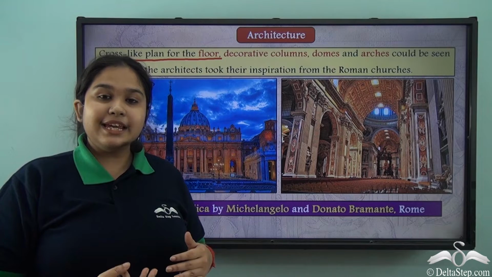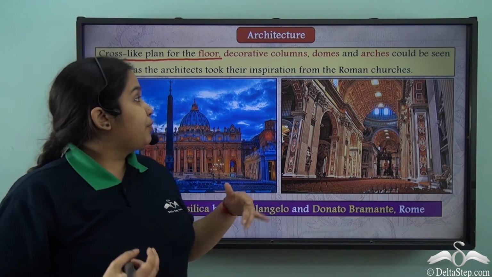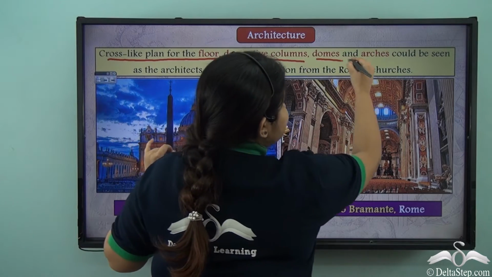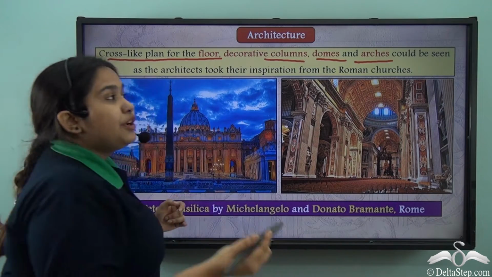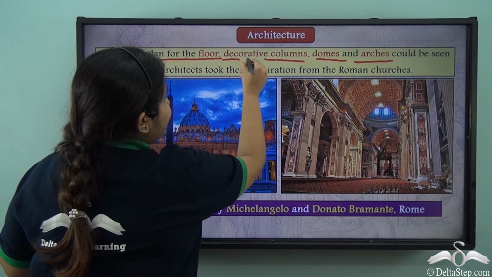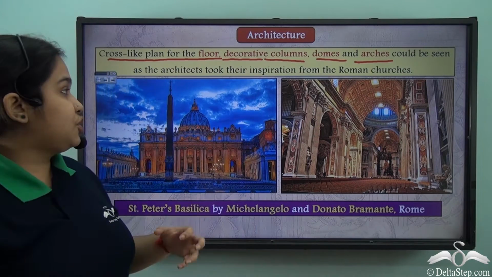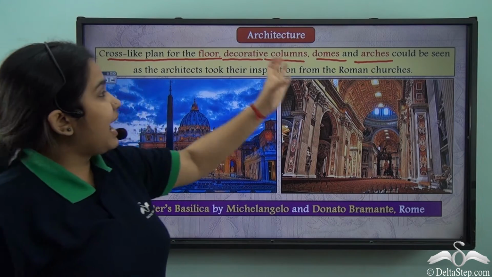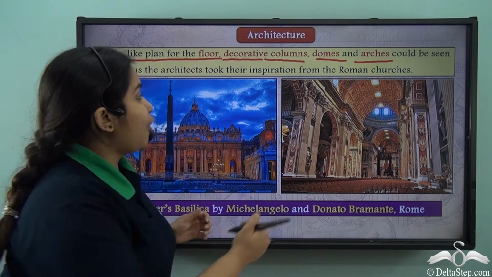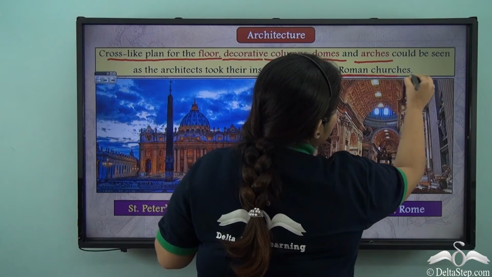We also see that this new age brought the ideas of columns, domes and arches that were ideally placed so that they could decorate the entire structure. Now, this entire aspect was an inspiration drawn from the old Roman churches.